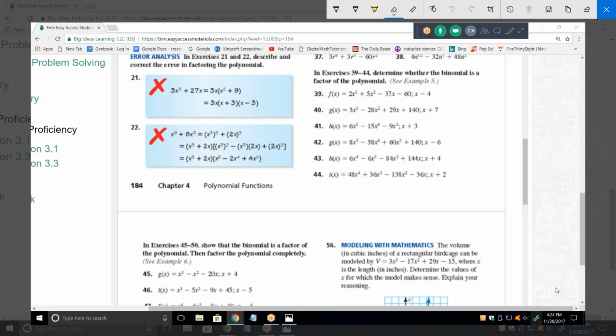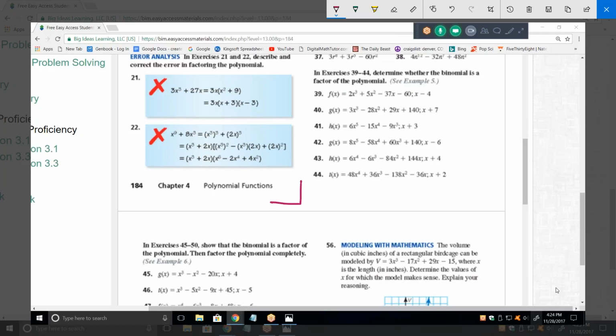Now, the first step, we've got to divide this cubic by x minus 4. Should we do it with synthetic? Synthetic is always easier once you learn how to do it. Yeah, synthetic's really easy. What's in the box?